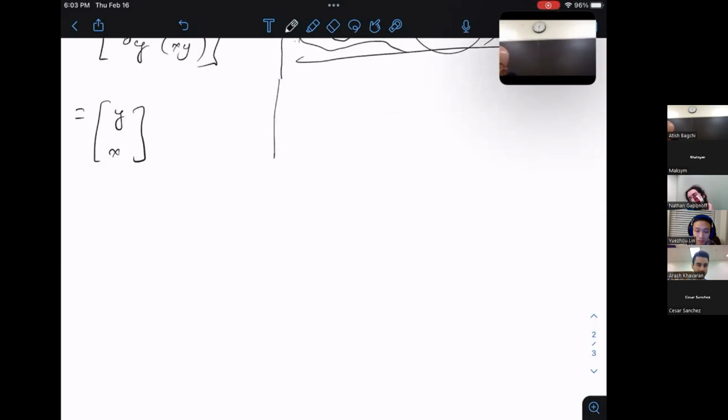So now, a calculation of divergence. Divergence takes a vector field and gives you a scalar field. Divergence in 2 dimensions.